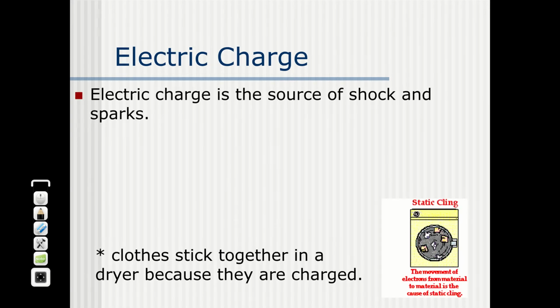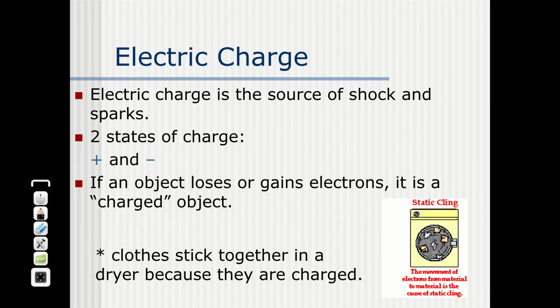So, with electric charge, this is why you have been shocked before, or you've seen sparks. Anytime a spark or a shock occurs, that is due to an imbalance of electric charge. One object must be positive, one object must be negative, or they're just at least different charges of negative and positive.